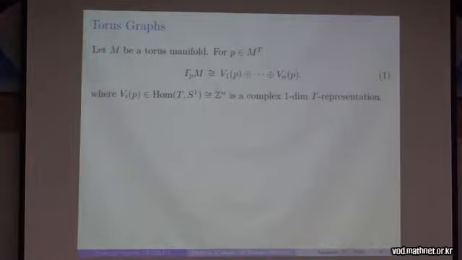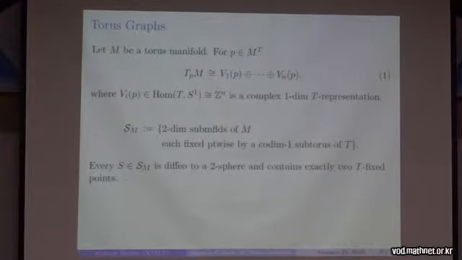We can split it up as a sum of irreducible complex torus representations, which are all one-dimensional because the torus is abelian. Okay, so we can think of these as homomorphisms from the torus to S1, and taking the character of such a map gives you an identification with an integral vector.